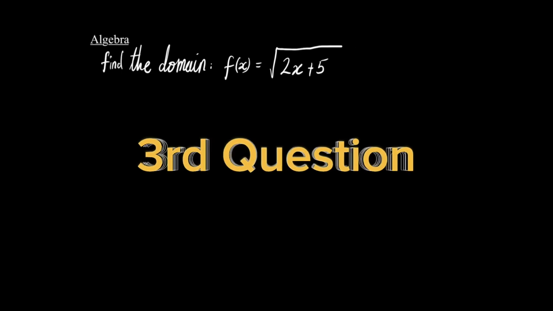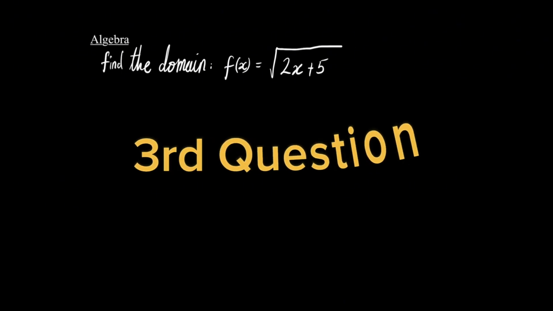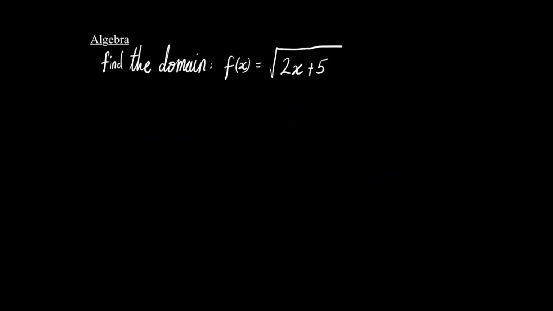We are asked to find the domain of a function f of x, such that f of x equals the square root of 2x plus 5. Now the domain of a function refers to the possible values of the variable, which in this case is x, on the number line that's ranging from negative infinity to positive infinity.